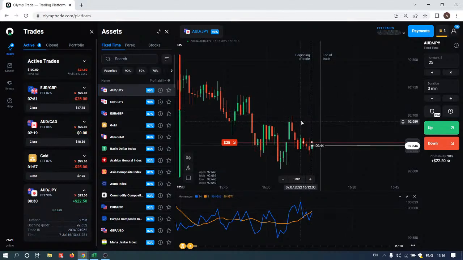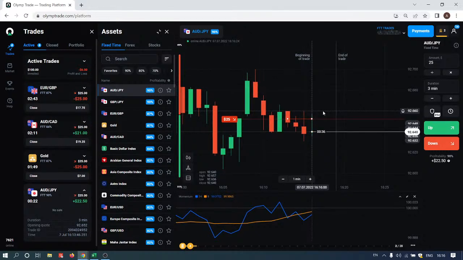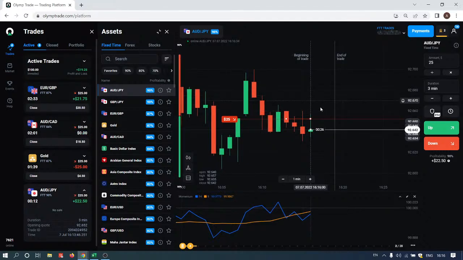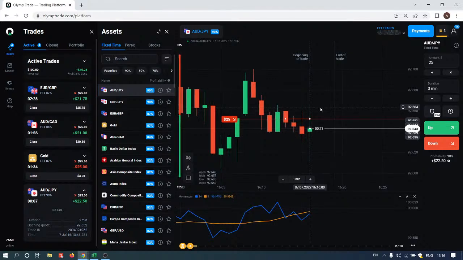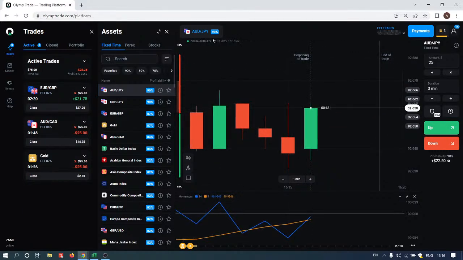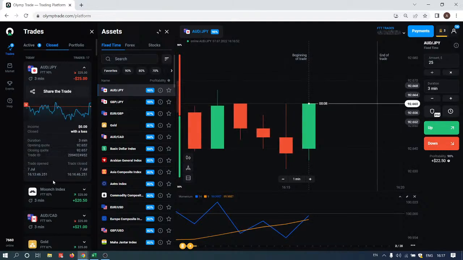We have the most common ones, like the simple moving average, the RSI indicator, the MACD indicator, the stochastic indicator, which are the standard ones, in use for decades. And then we have some more modern ones, like bears power, bulls power, the Aroon indicator. Right, so unfortunately the AUD JPY closes the last few seconds with a loss.